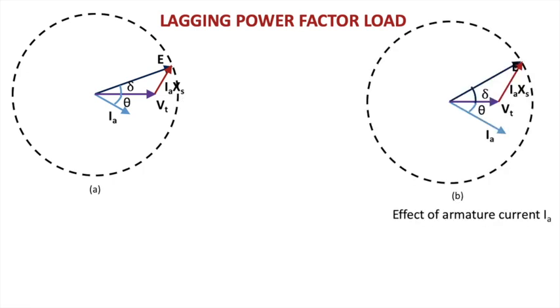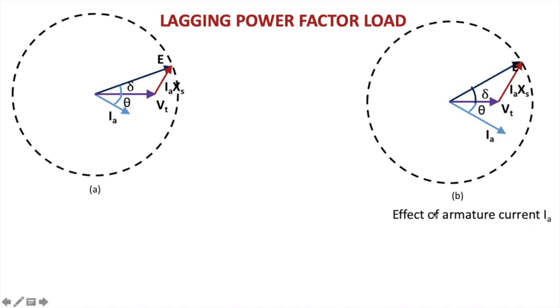Now for the lagging power factor. The current is lagging the terminal voltage by an angle theta, and the internal drop will be given as I_A X_s, and this is your induced EMF, which has an angle delta with the terminal voltage. Next we will consider that the armature current has increased.